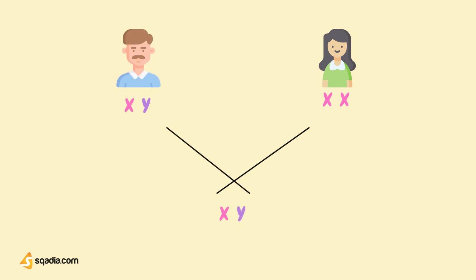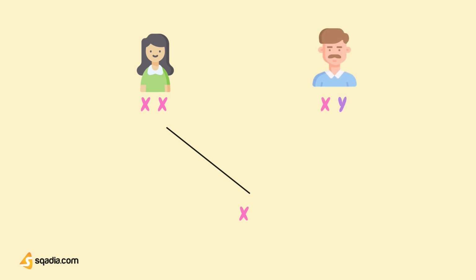If an X chromosome comes from the mother and a Y chromosome comes from the father, the gender of the baby will be male. If an X chromosome comes from the mother and an X chromosome comes from the father, the gender of the baby will be female.